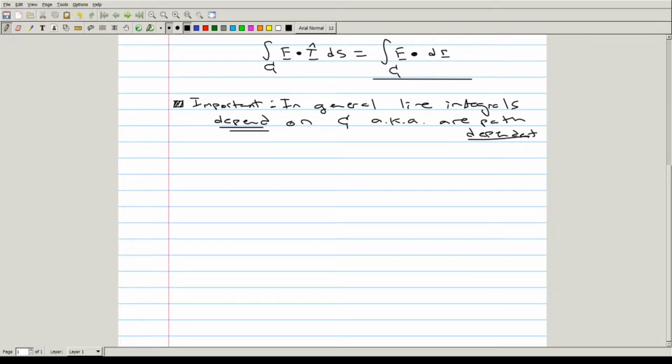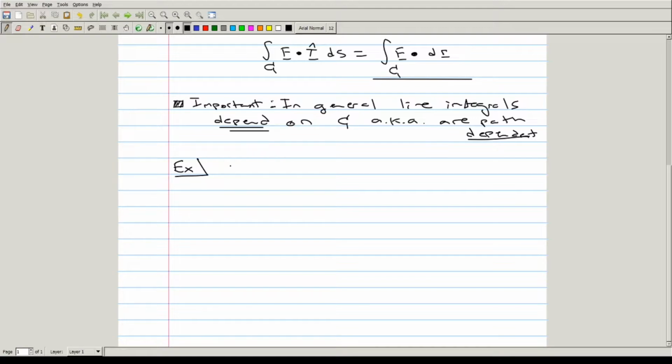But the following example is very important because it's going to show that this idea has very important exceptions. Sometimes, for certain types of vector fields, this tangent line integral is actually not going to be path dependent. It'll be what's called independent of path.